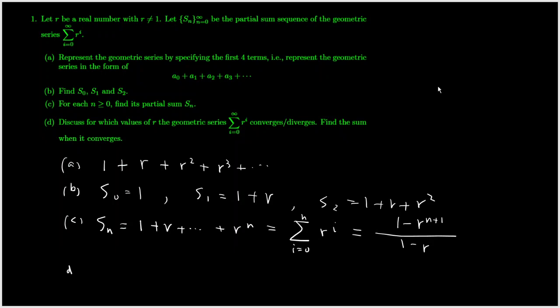The answer to question D is kind of how we define the sum of infinitely many terms. What do we mean by the sum of the series? If you look at A, in the series you are trying to add infinitely many numbers. R is a real number. So what's the meaning of that?